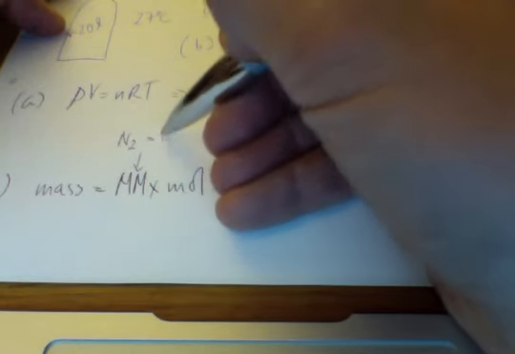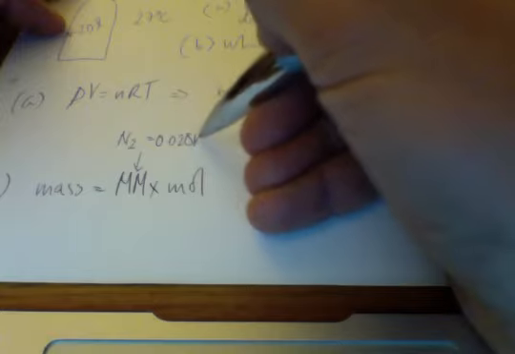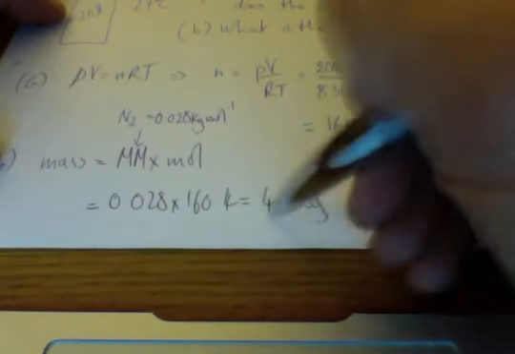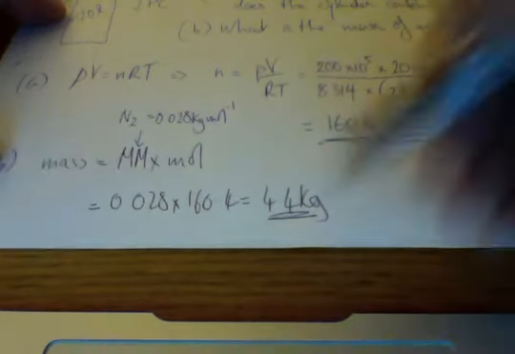So let's just say N2, which is going to be 0.028 of a kilogram per mole. So that gives rise to 0.028 multiplied by 160.4, 4.4 kilograms, which is fairly substantial.